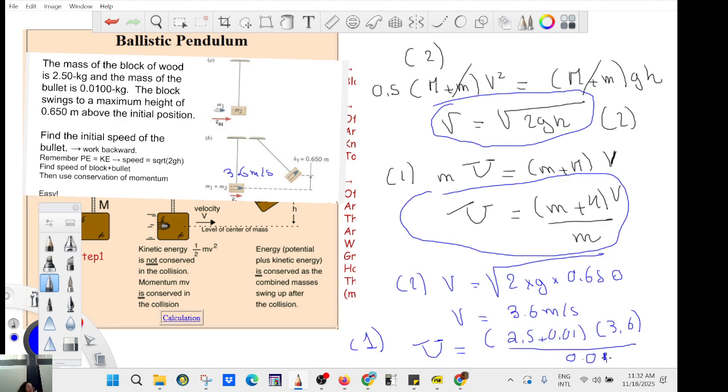Do you all agree? You can even neglect the 0.01 because it's so small relative to 2.5, but you have to keep it here. So you get something like this. I think it's also in the final, I forgot.